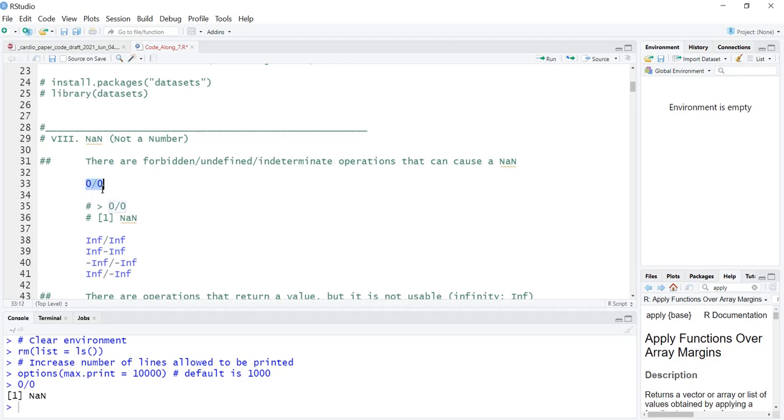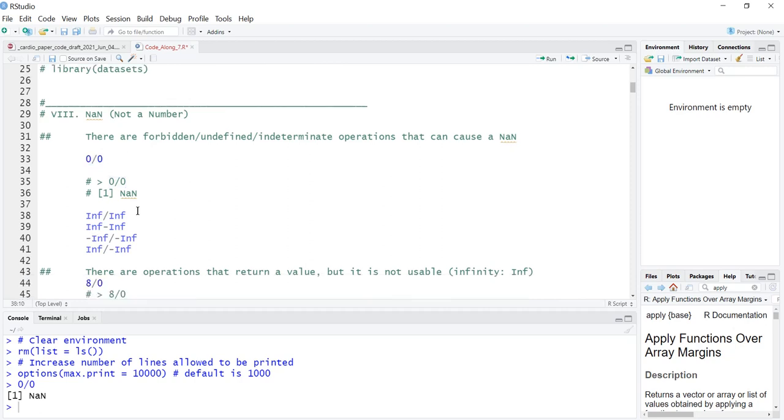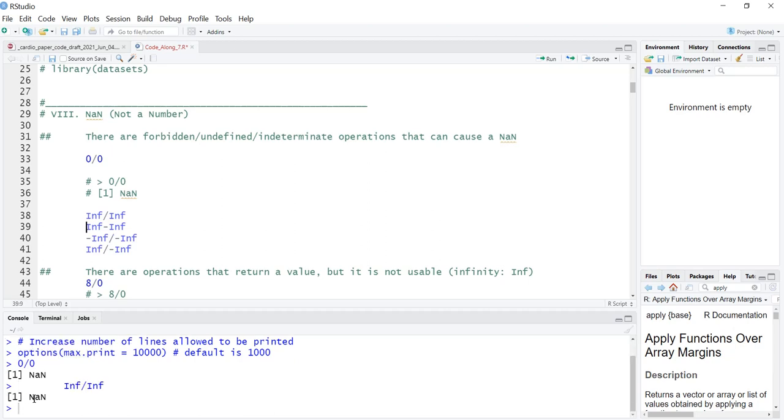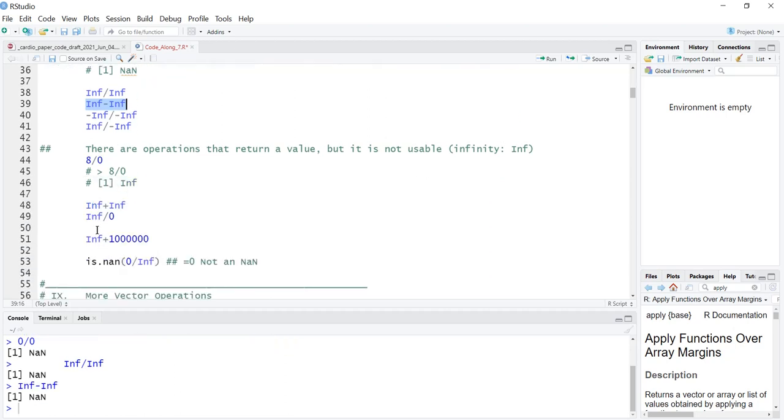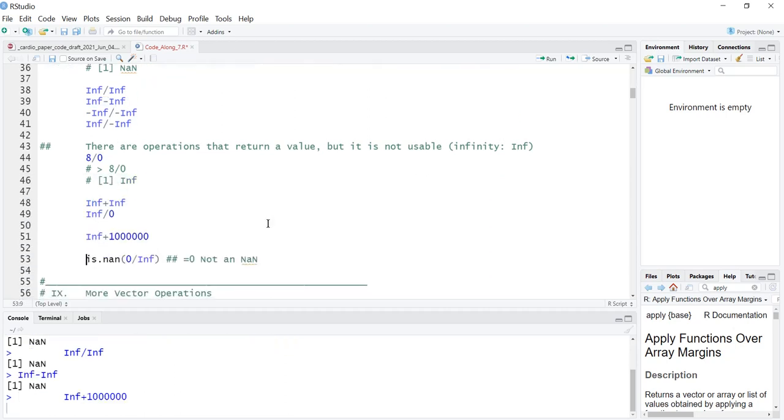It can be anything. In calculus, we have some ways of figuring out if there is a value there or not. The same thing is true for infinity divided by infinity. So if I run this, again, I get not a number. Infinity minus infinity, not a number. Now, why? Because infinity plus any number is still infinity, okay?